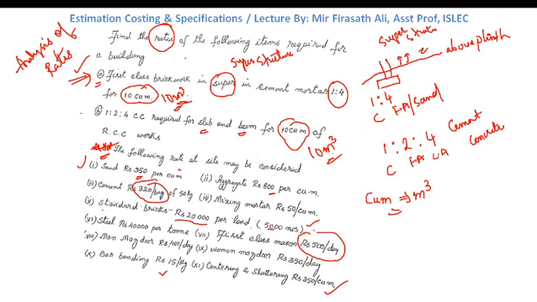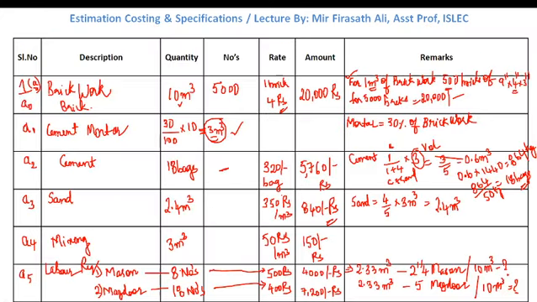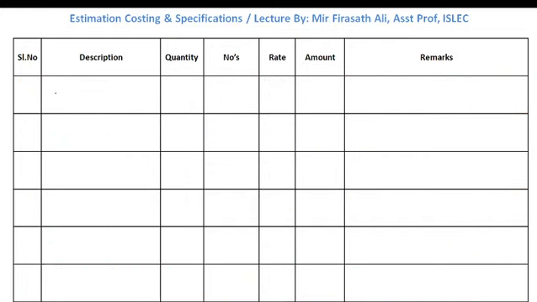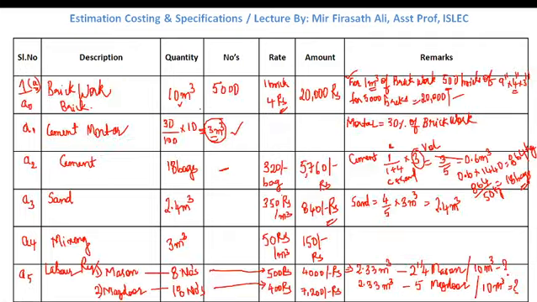B part is done. Now we need to add this and tell the total rate, and we need to quote the total rate. We need to add all this data: A0 plus A1 plus A2 plus A3 plus A4 plus A5.